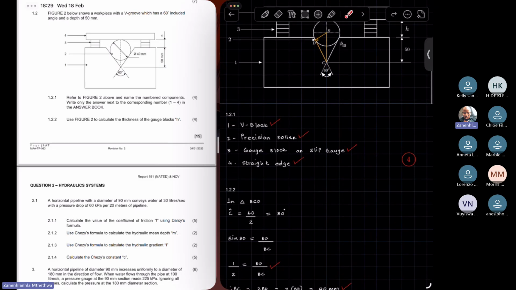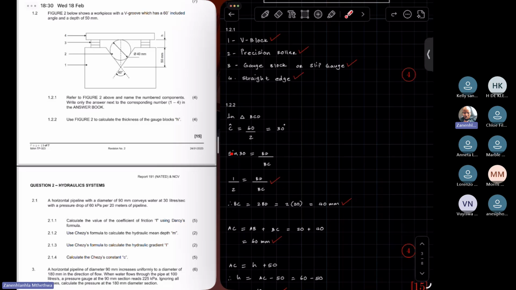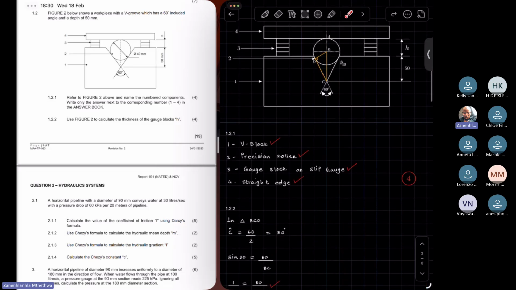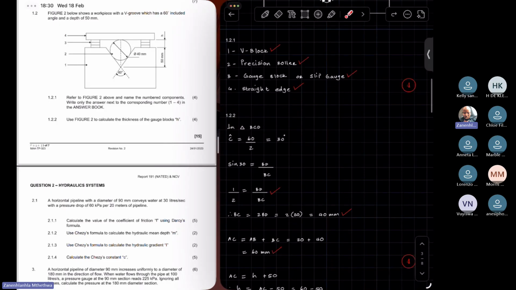The side we have is opposite the angle. The side we're looking for is the hypotenuse, which means from the three trig ratios, we can only use sine. Hence here I said sine 30 is equal to opposite, so the opposite side is the radius, BD, divided by the hypotenuse, which is side BC, the one we are looking for.